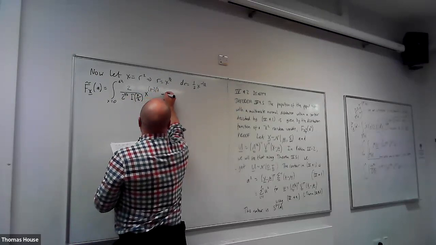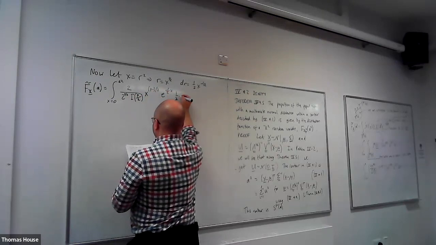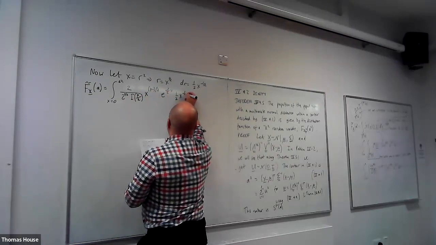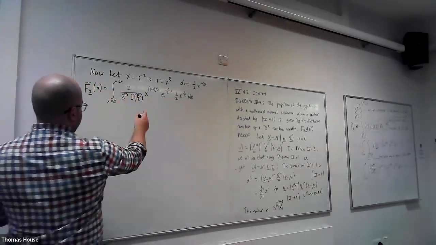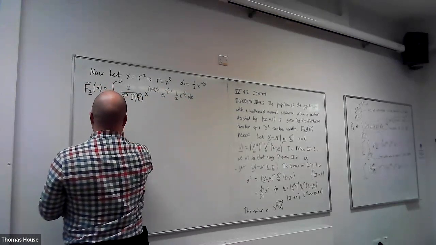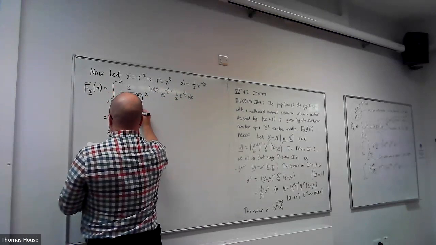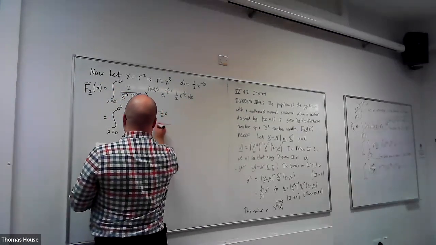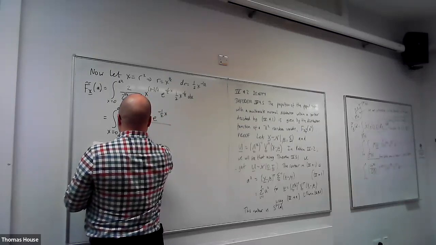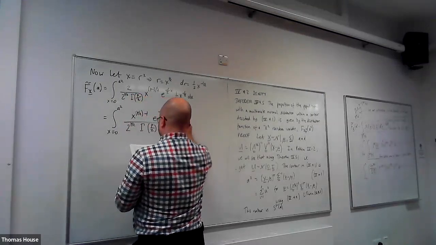e to the minus a half x. And then cancelling all of this, simplifying all of this, we're going to get the integral from x equals 0 to a squared of x to the p over 2 minus 1 e to the minus a half x over 2 to the p over 2 gamma of p over 2 dx.